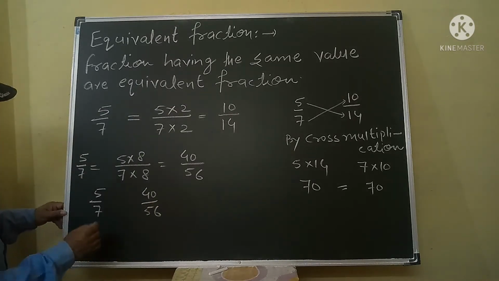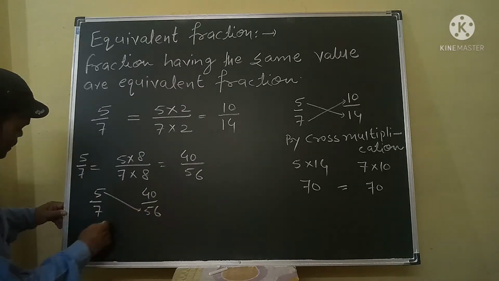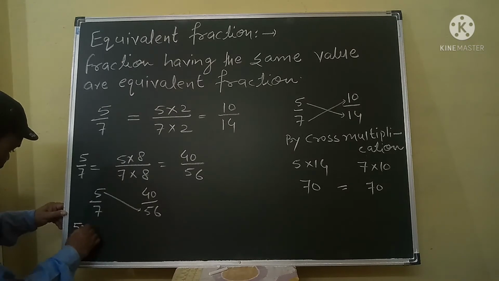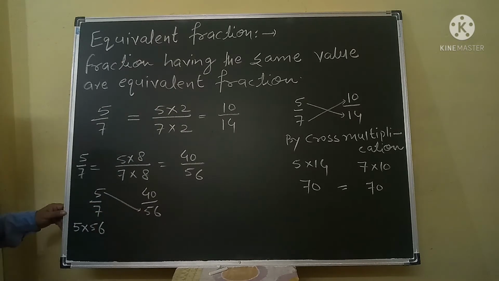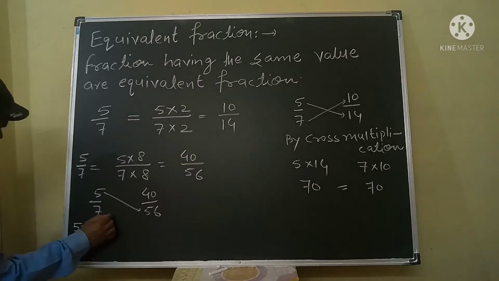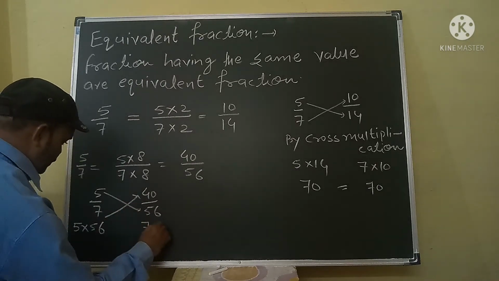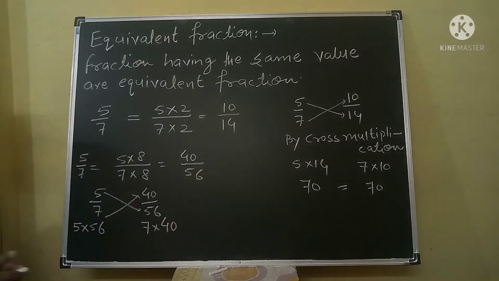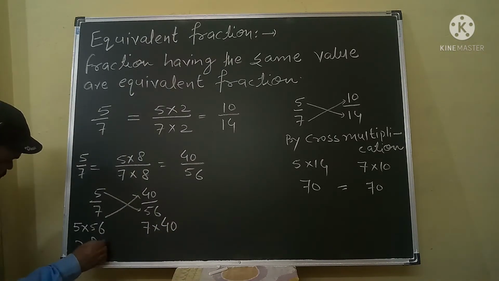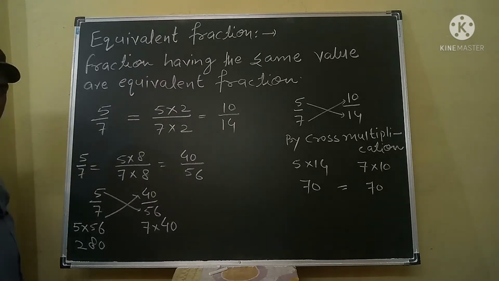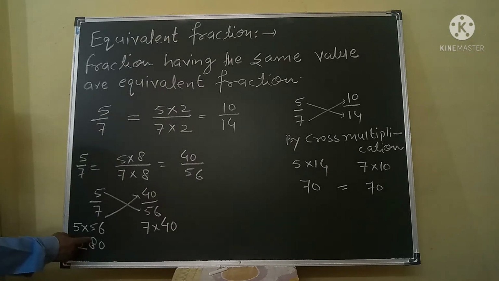Okay. Now look here. 5 multiplied by 56 and 7 multiplied by 40. 56 into 5, it will give you 280. Okay.